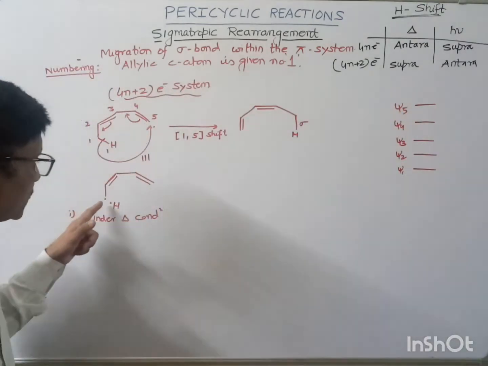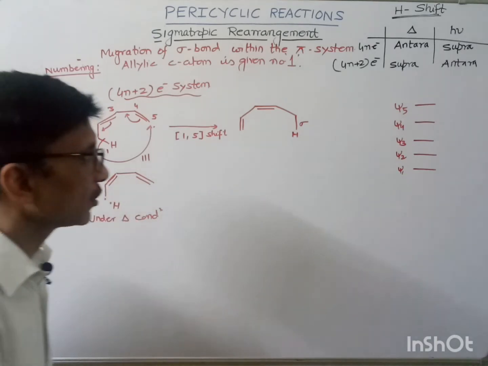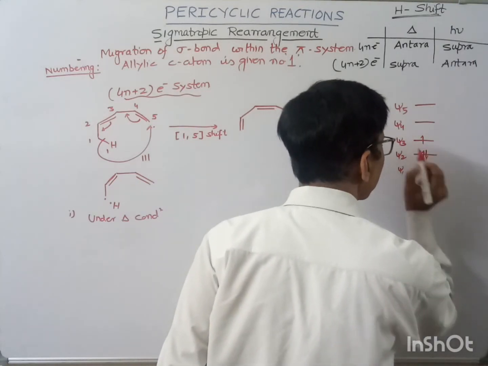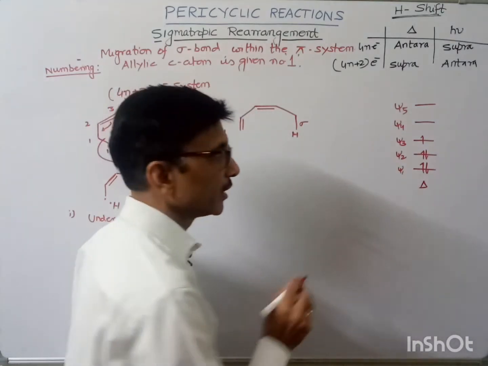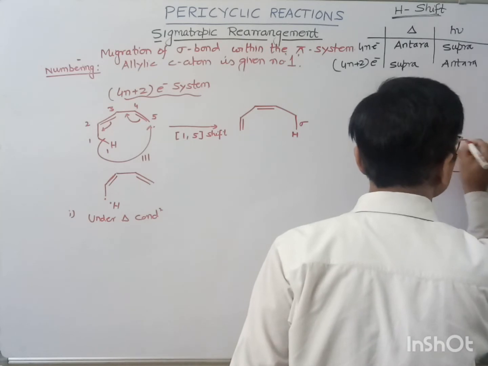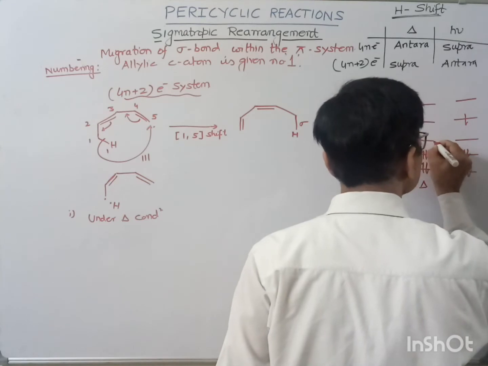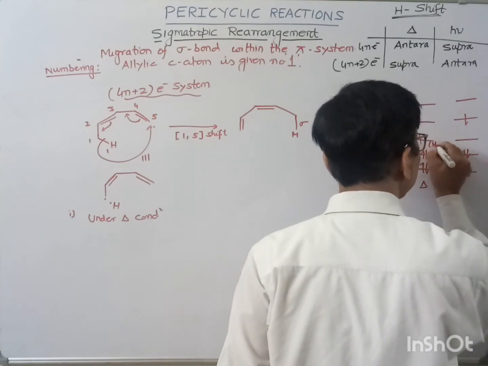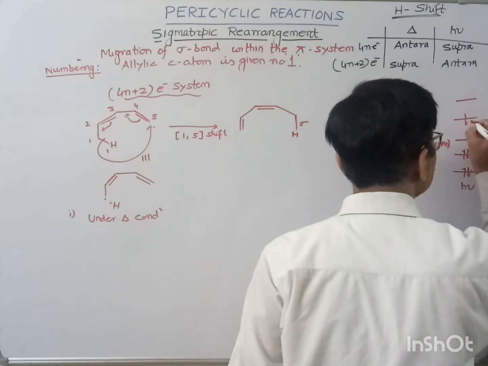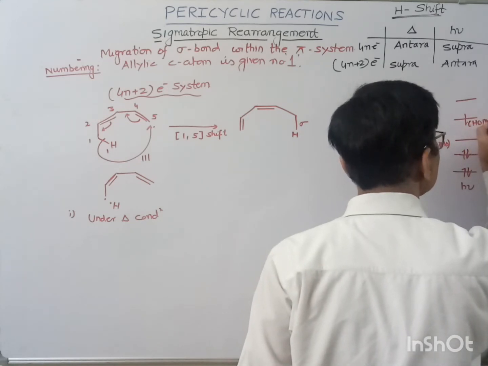How many electrons are present in the pentadienyl radical? Carbons 1, 3, 5 are involved in the reaction. So 2 over here, 2 over here and 1 over here under thermal condition. Under photochemical condition, 2 over here, 2, and this one gets shifted to this place. Under thermal condition psi3 will be the HOMO. Under photochemical condition, psi4 would be the HOMO.